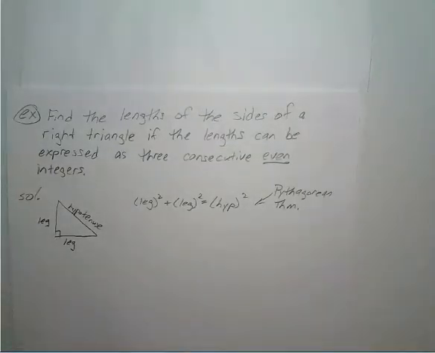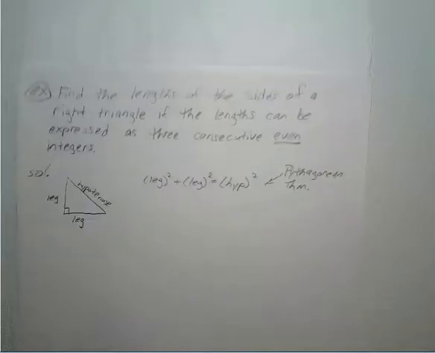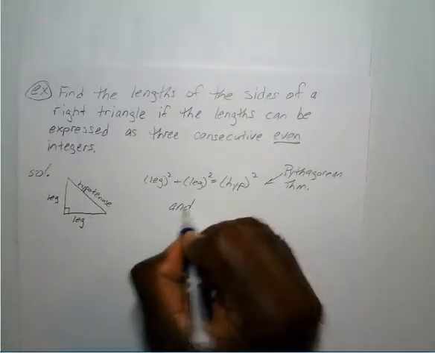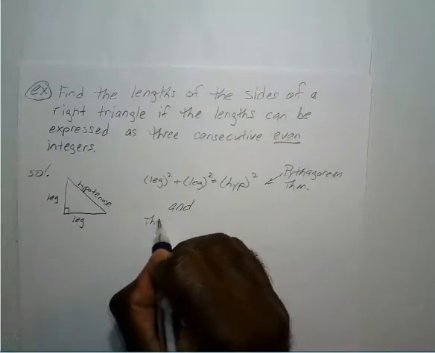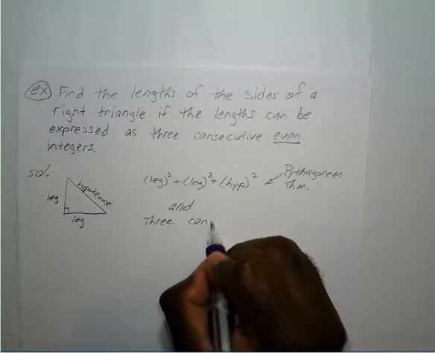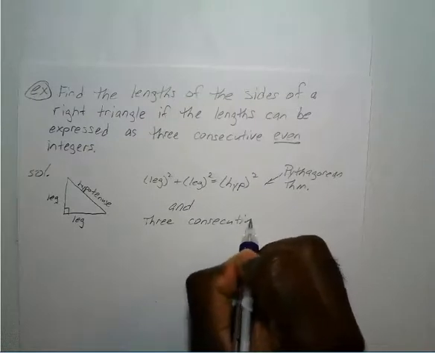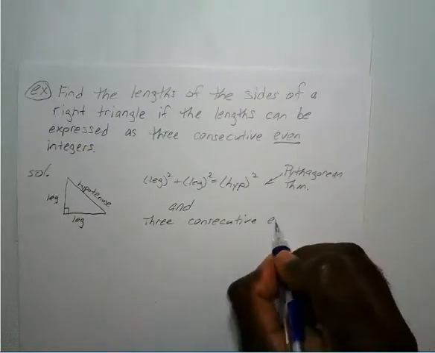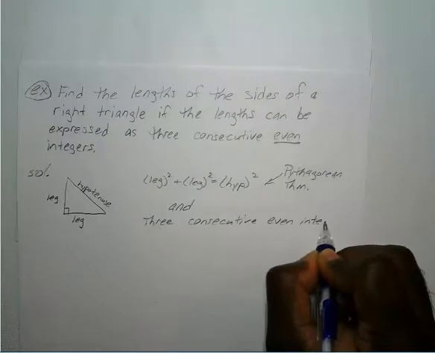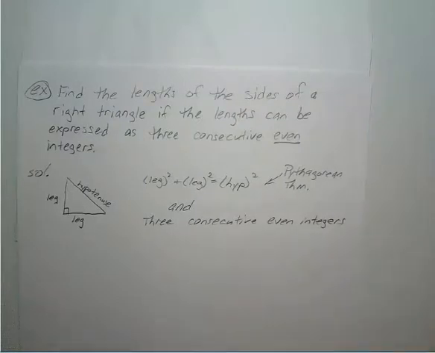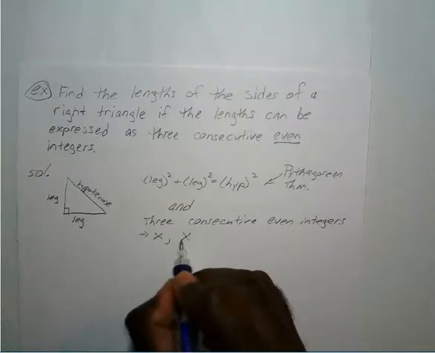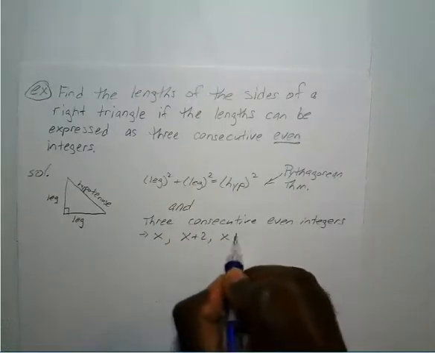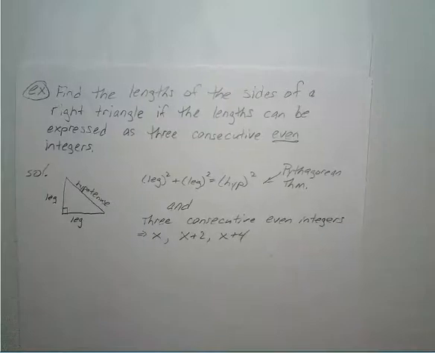Also, you look at this problem, you have to know that your 3 consecutive even integers is x, x plus 2, and x plus 4. It will be the same thing with consecutive odd integers.